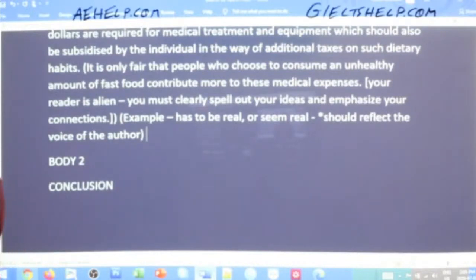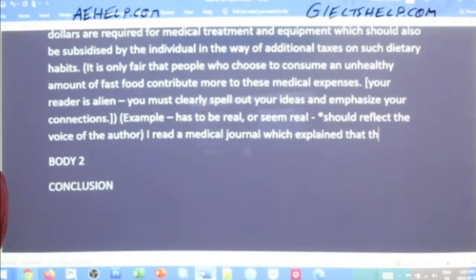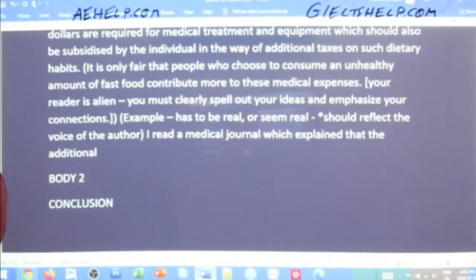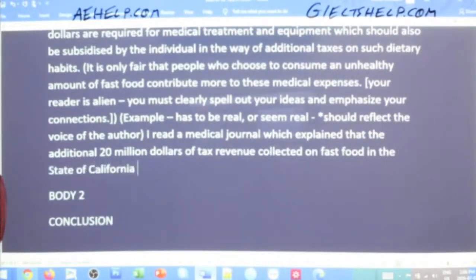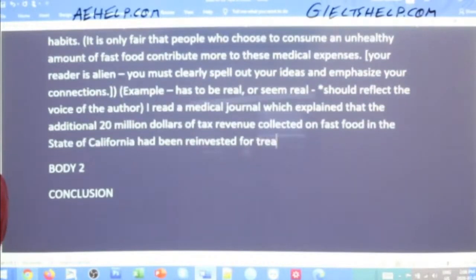Okay. So I read a medical journal which explained that the additional $20 million of tax revenue collected on fast food in the state of California had been reinvested for treating cardiovascular disease.